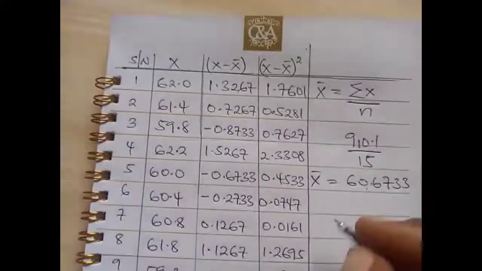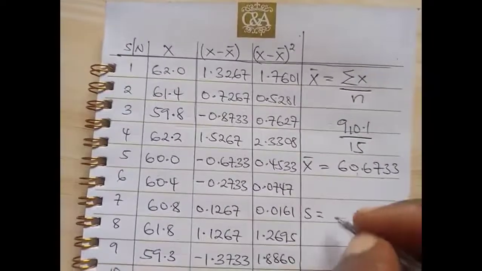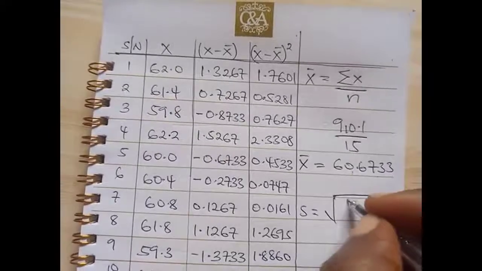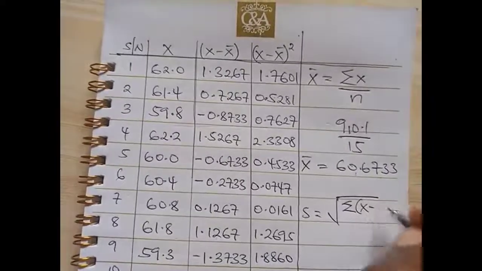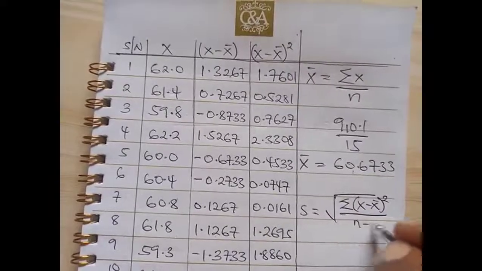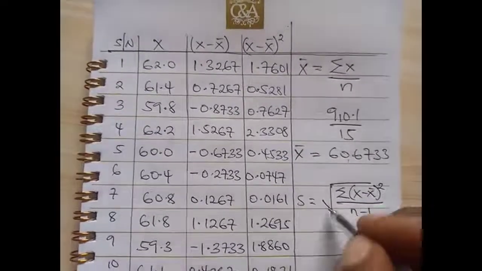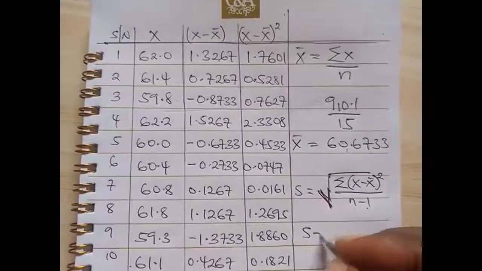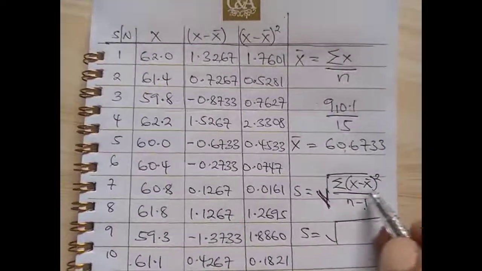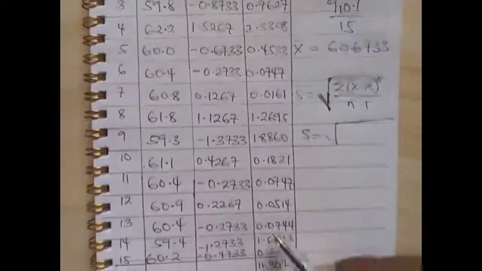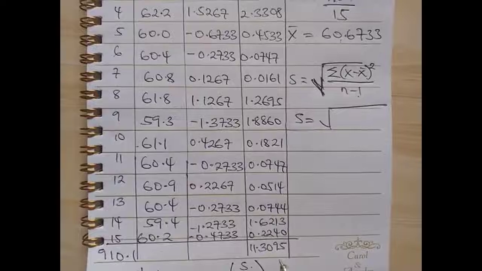The next thing we need to get is the sample standard deviation, and sample standard deviation is given as the square root of summation x minus x bar all squared over n minus 1, because it's sample standard deviation. That's why we say n minus 1. So this will be equal to the square root of the summation of this column. If we sum it up, we get 11.3095.